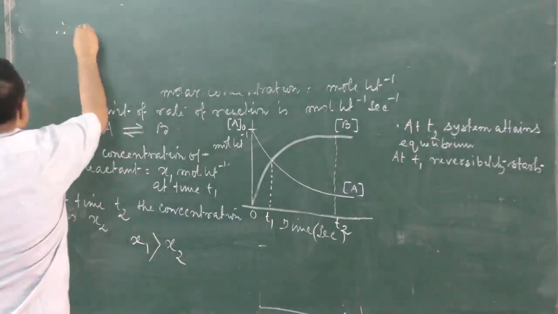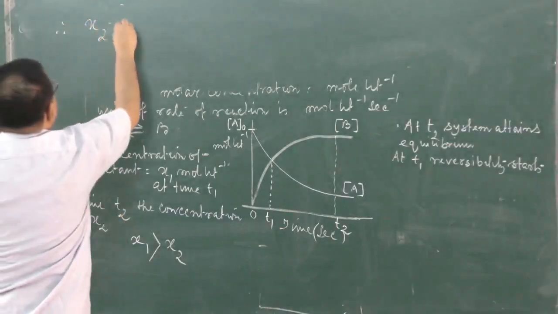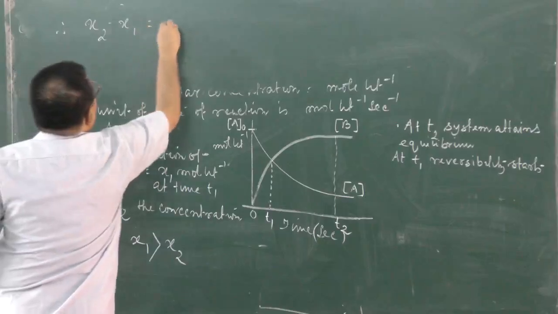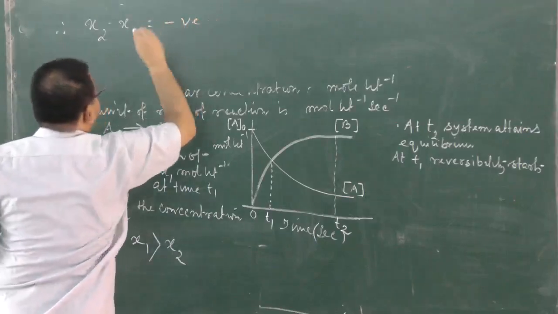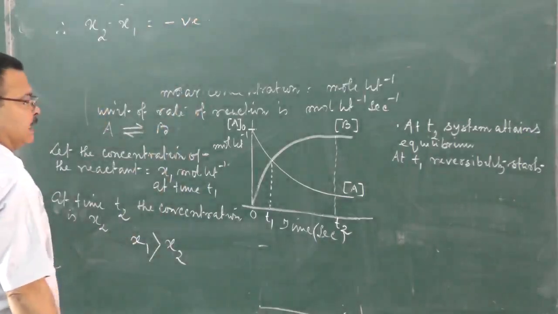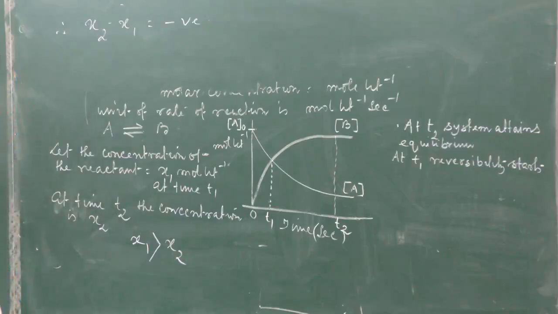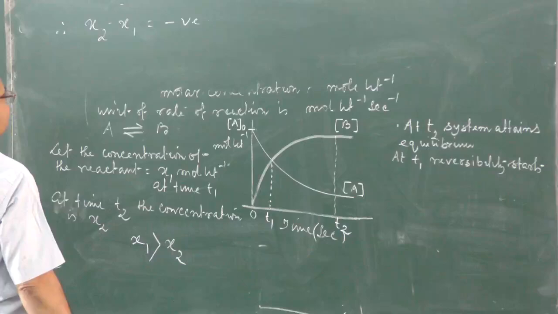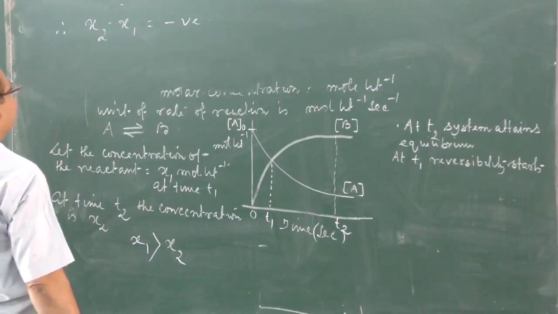Therefore x2 minus x1 should be negative, because x2 is less and x1 is more.